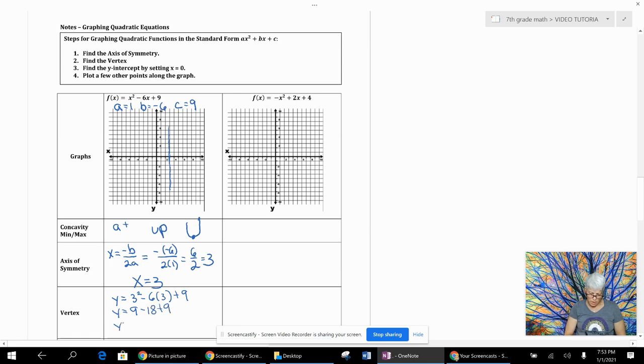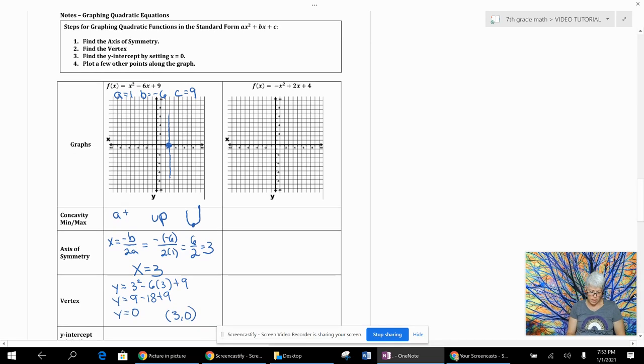So y equals 0. So my vertex, the minimum point on this, is going to be 3, 0. So I can write that 1, 2, 3, 0. It's right there. There's my vertex. We already know it's going to be looking upward like that.